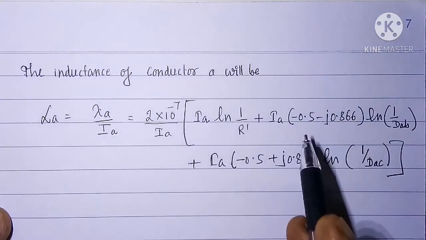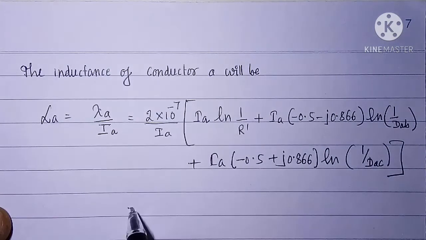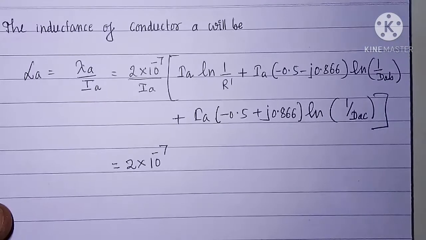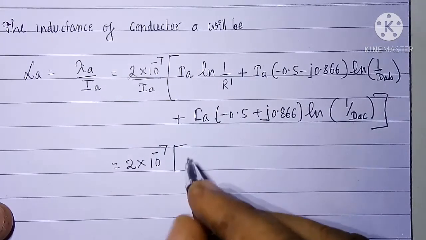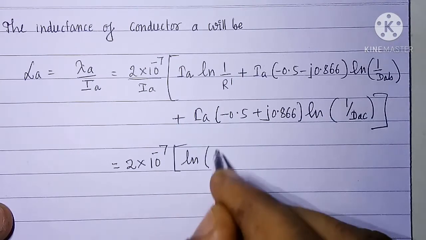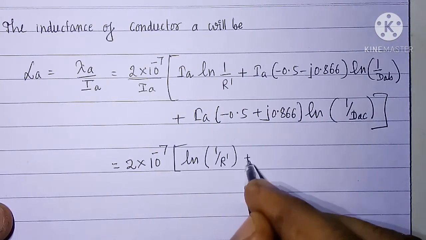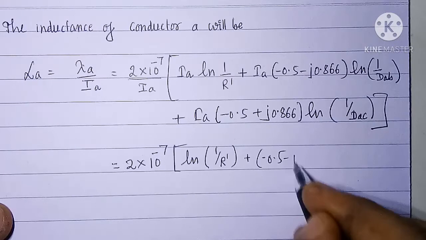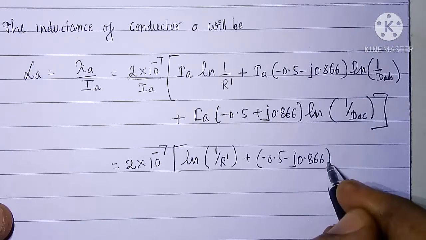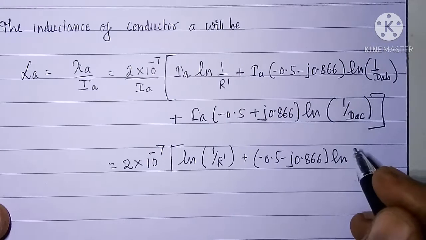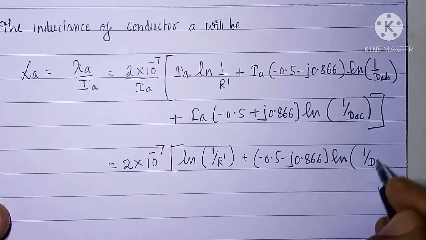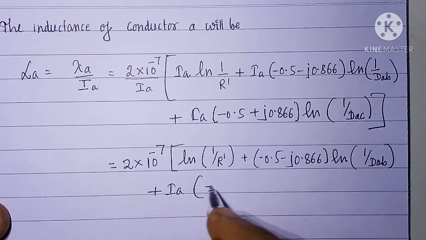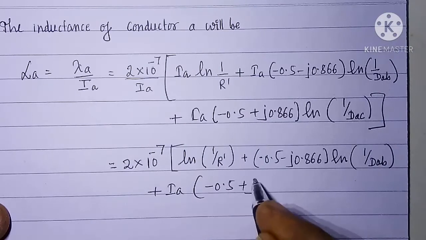If we take IA common outside, IA and IA will cancel. So the inductance will be 2 into 10 raised to minus 7 into the bracket ln of 1 upon R dash plus minus 0.5 minus j0.866 ln of 1 upon DAB plus the bracket minus 0.5 plus j0.866 ln of 1 upon DAC.